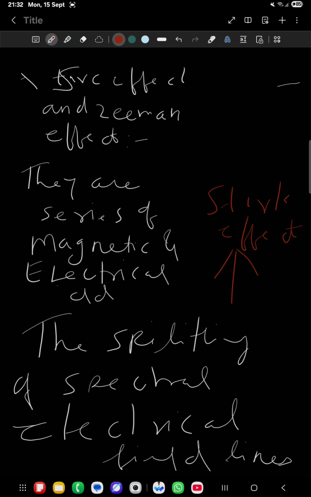Now another one is Zeeman effect. Zeeman effect is the splitting of the spectral magnetic field lines. Splitting of the spectral magnetic field lines is called as the Zeeman effect. Now, so these are two examples, what you have asked me in the doubt, that is Stark effect and Zeeman effect.